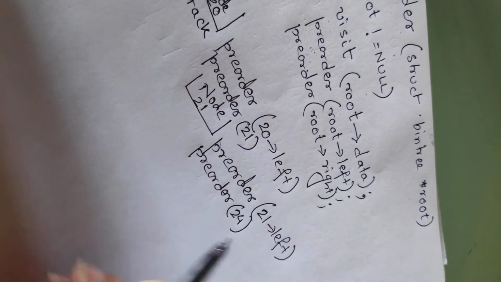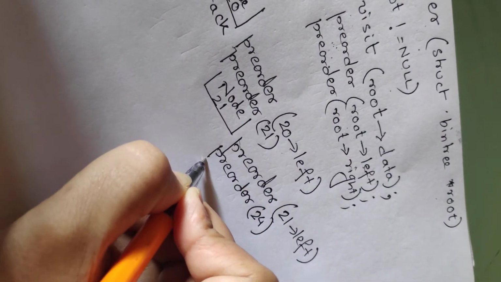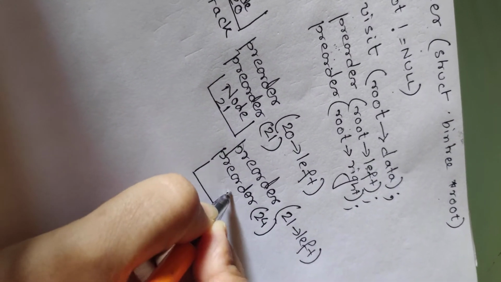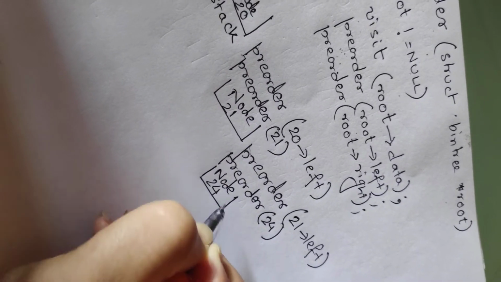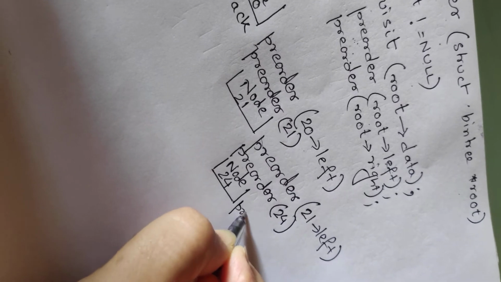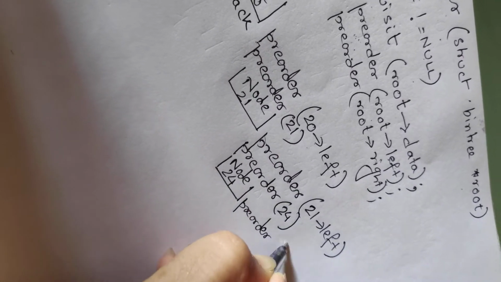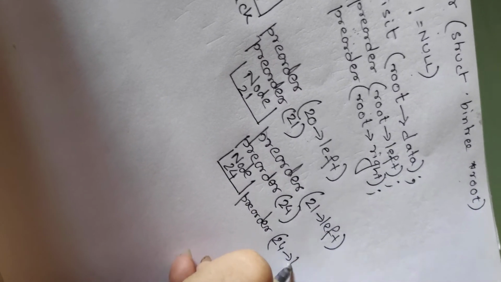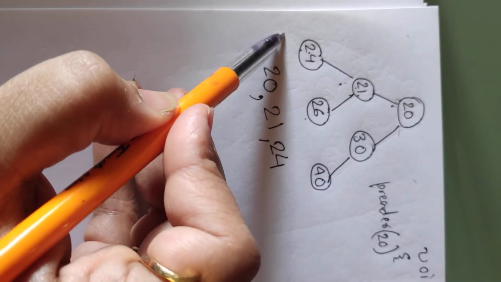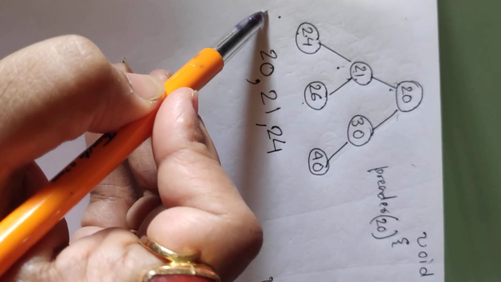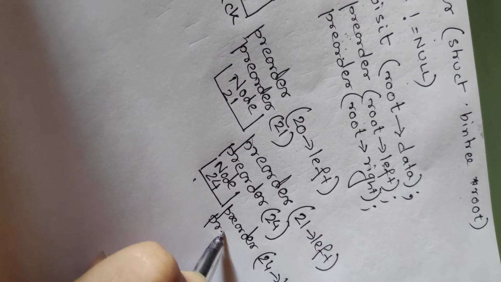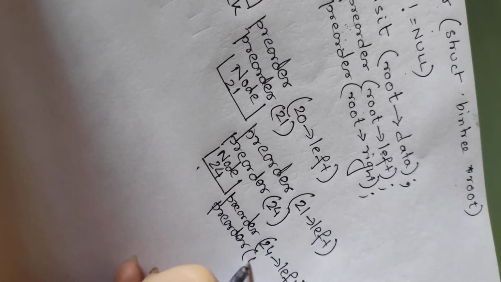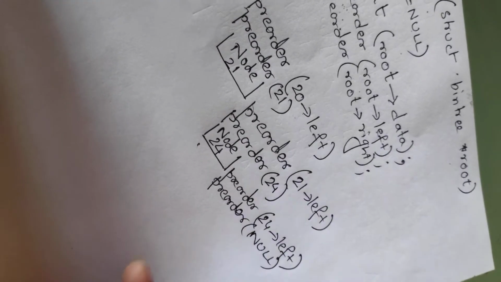Preorder root left. So again, node 24 is saved onto the stack and you call preorder 24 left. Now what is there in 24 left? If you look at the diagram, 24 left is null. So that means you are calling preorder null over here.